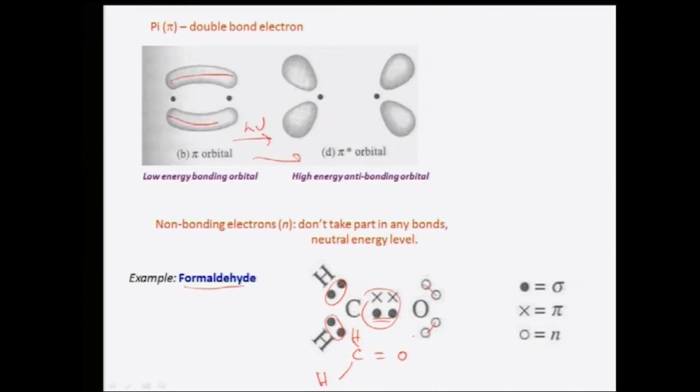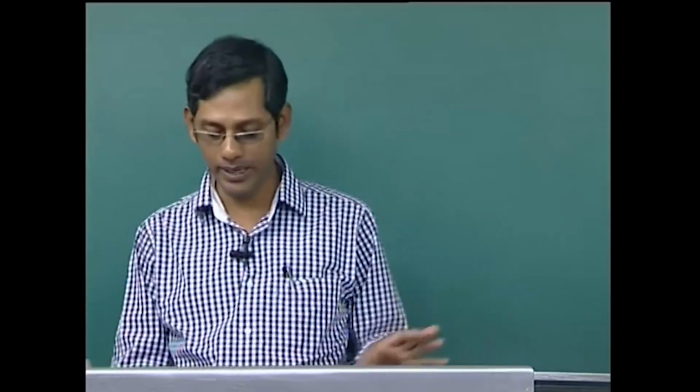So, we can clearly write this: black dots filled ones are basically sigma, crosses are basically pi, and these are actually non-bonding type. So, in this molecule itself, if I apply energy, different kinds of transitions are possible. I hope I have given you enough idea of what kind of transitions.